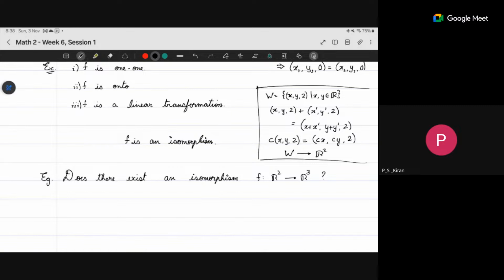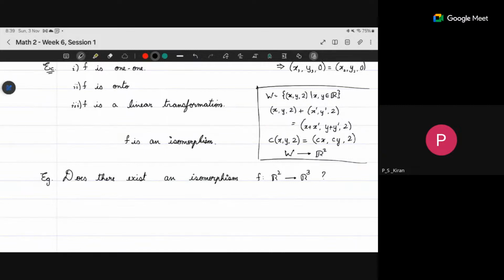Sir, is isomorphism defined only for transformations or matrices also? An isomorphism is a linear transformation between two vector spaces which is bijective. So you have a map between two vector spaces, and you have to check three conditions: whether it is one-one, onto, and a linear transformation.